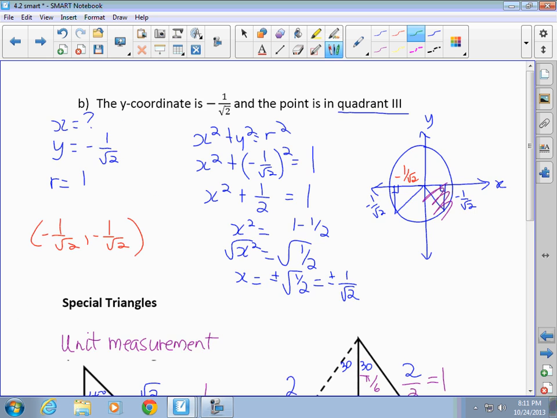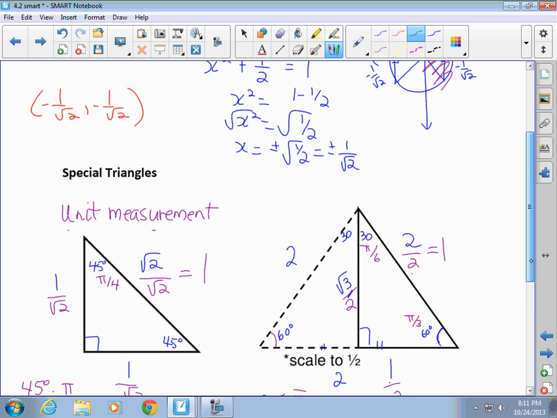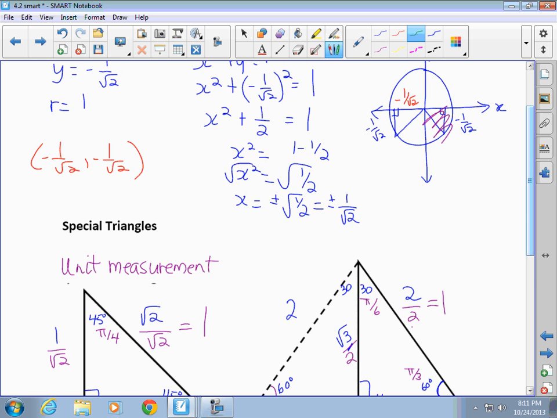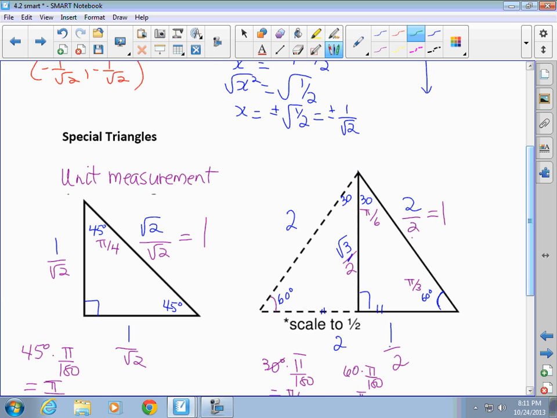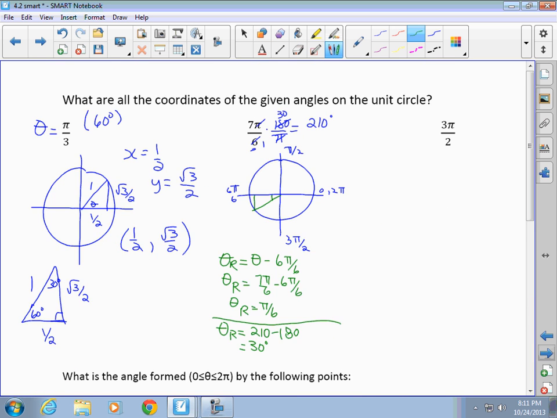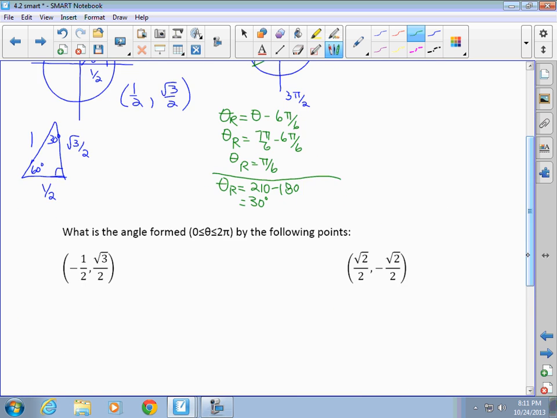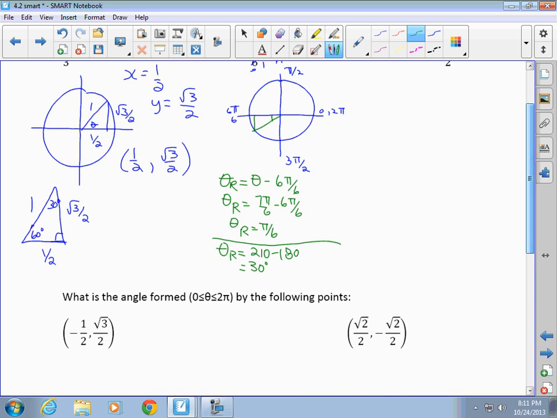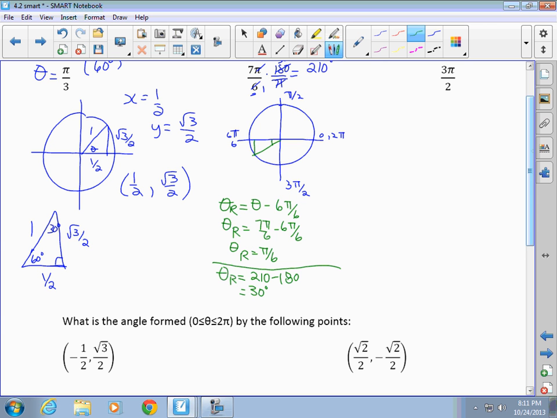And on our special triangles here, you see pi over 6 corresponds with 30. So again, then, that means I know I'm going to use the 30, 60, 90 triangle. So if I'm using the 30, 60, 90 triangle, then that means that this is my 30 degrees here.